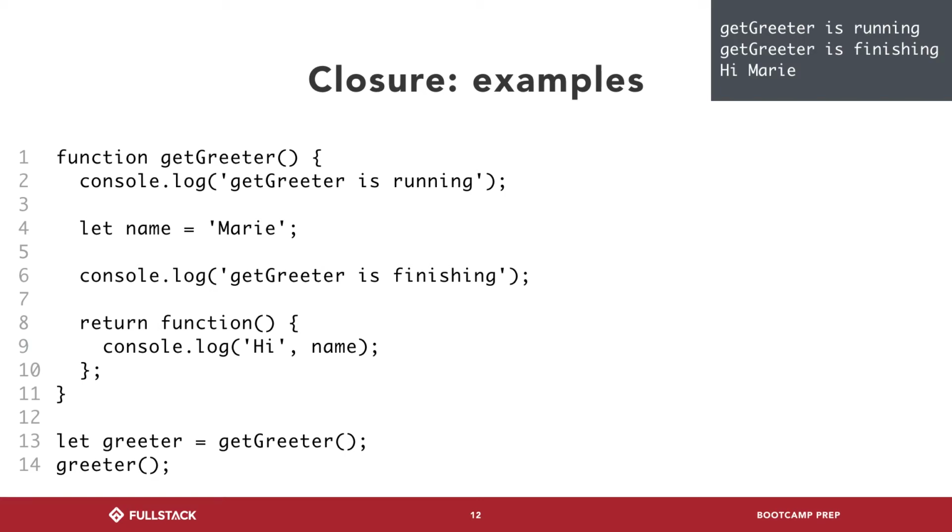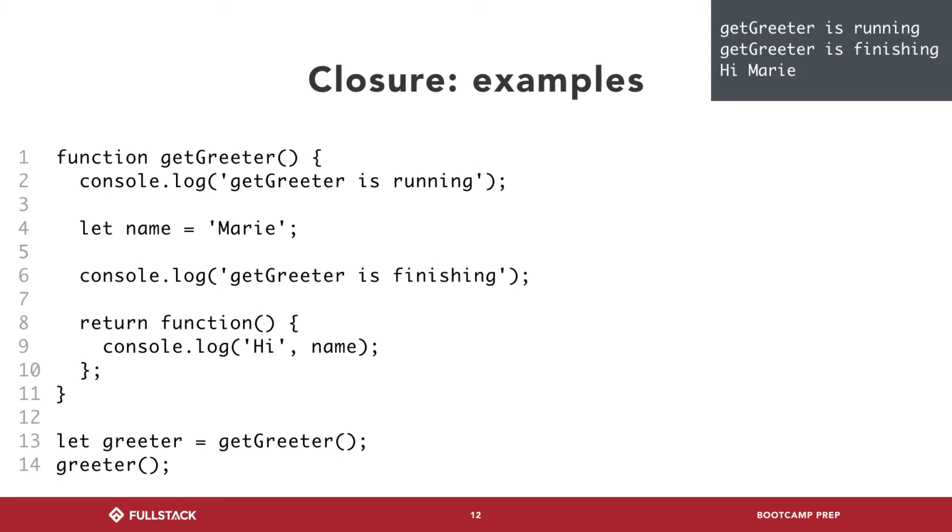Hubert? Where does it look for name when you call greeter? Yeah, so when I invoke greeter, I'm basically invoking the function between lines 8 through 10. The first place I will look for the name variable is within its own scope.